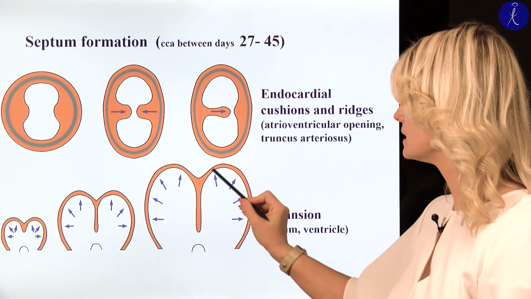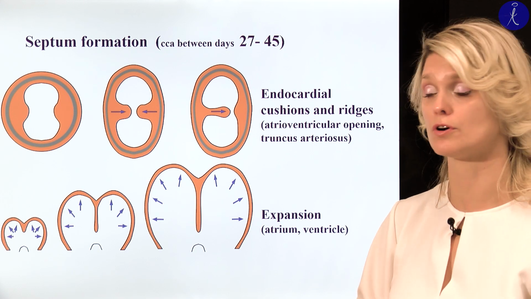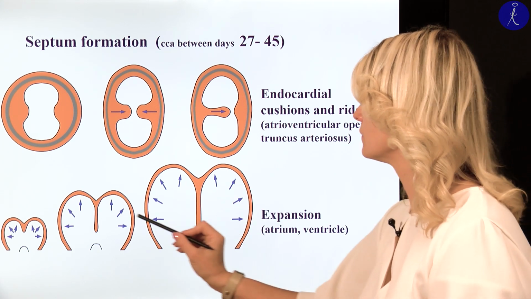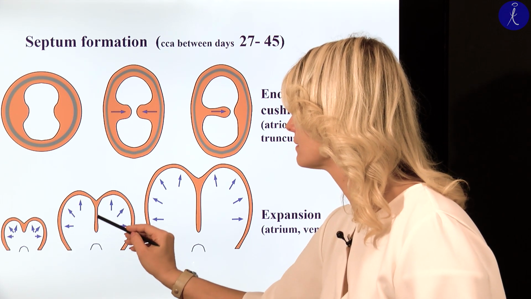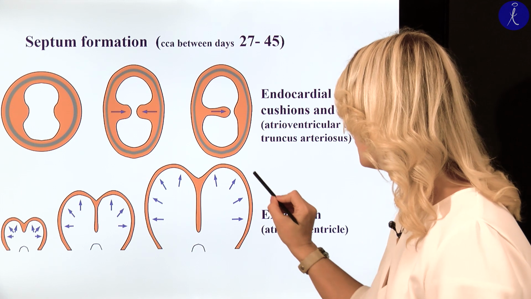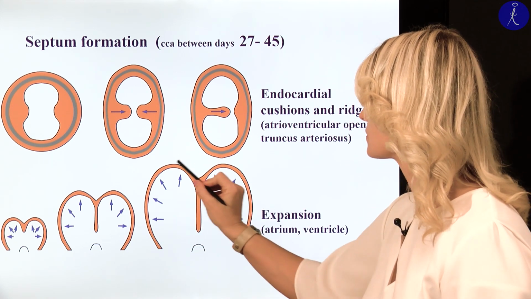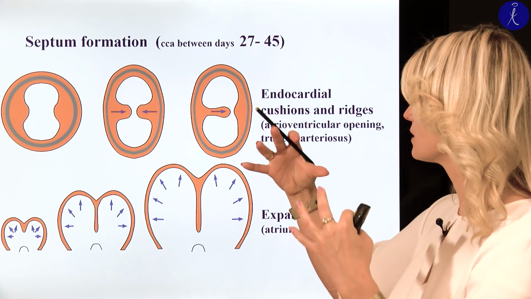Here you can see another type of separation. In this form, one part of the wall is not growing, but the other parts located next to it are growing so fast, they form like an expansion.